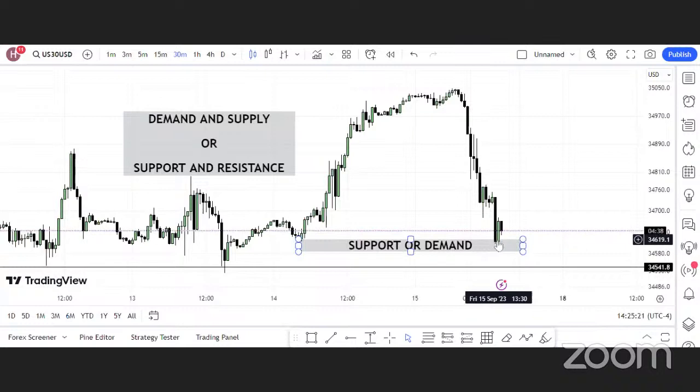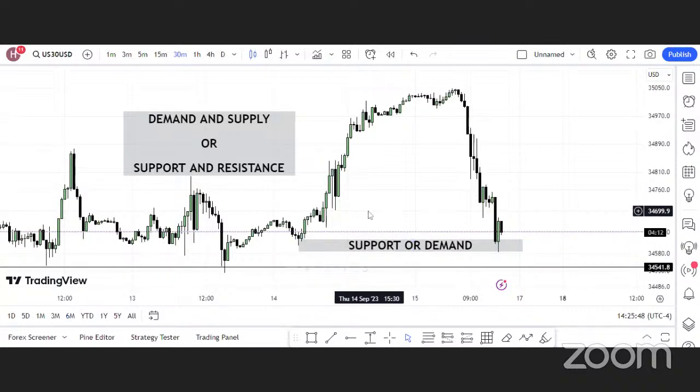When the market is on a downtrend and immediately you see it pause at a certain area or price, that means there's a support around such area. You can call it support or demand; you are still saying the same thing.